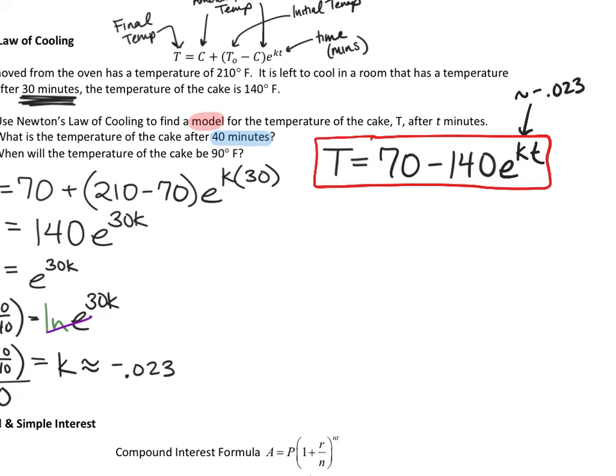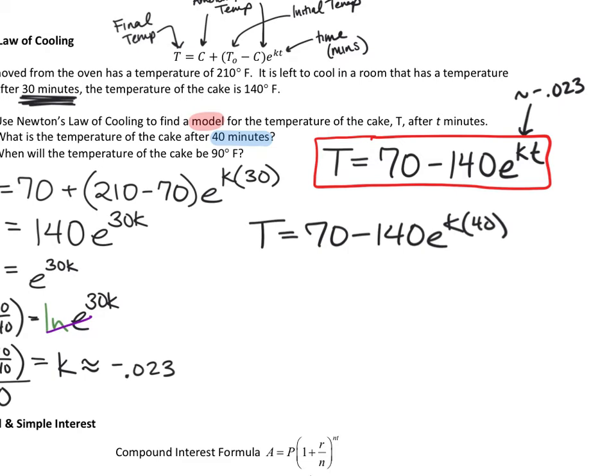So really what I'm trying to figure out here is what is T when you take 70 minus 140 e to the k times 40. There are no variables left except for T, because k is not a variable anymore. We have a value for it. This is just a plug and chug. If you let that cake sit out for 40 minutes on the counter, how hot would it be?